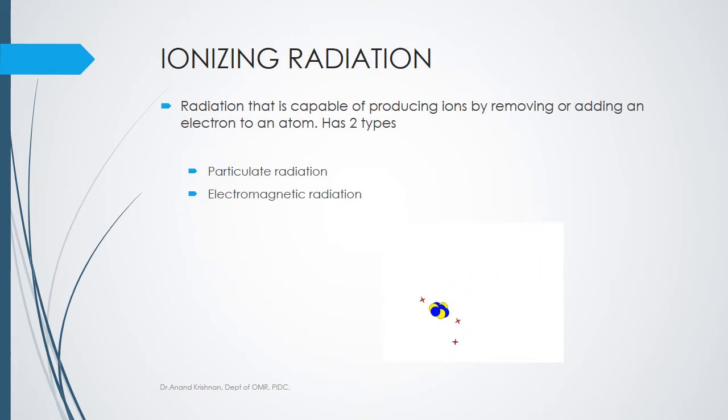So, ionizing radiation is capable of producing ions by adding an electron to an atom, and it has two types: particulate radiation and electromagnetic radiation.